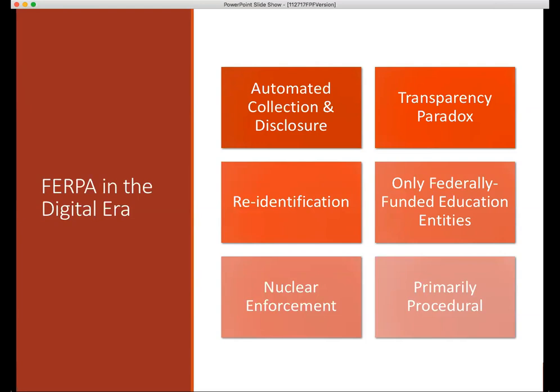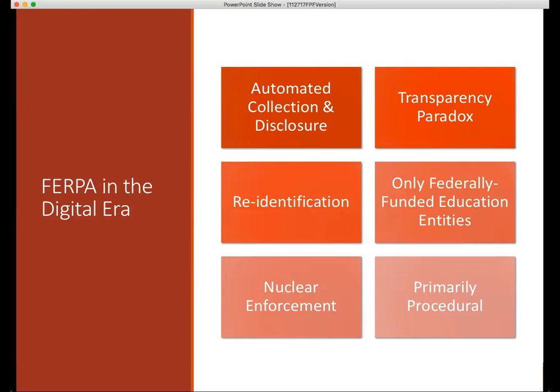Once you can collect information from a clickstream and there are multiple vendors and multiple sources and multiple actors at all levels, and information can be collected passively without the user's awareness and without the institution's awareness, that means that the oversight FERPA provides is minimal at best, and the consent is really in one giant chunk. Either you're okay with how things happen, or you can't do it at all.